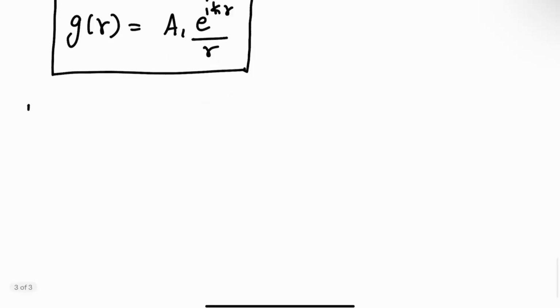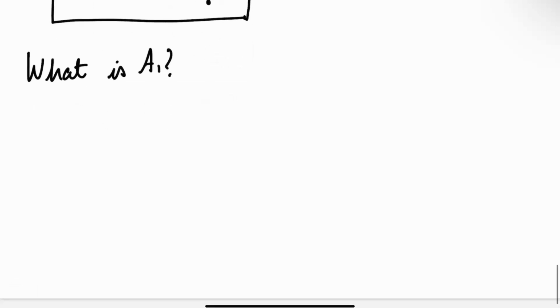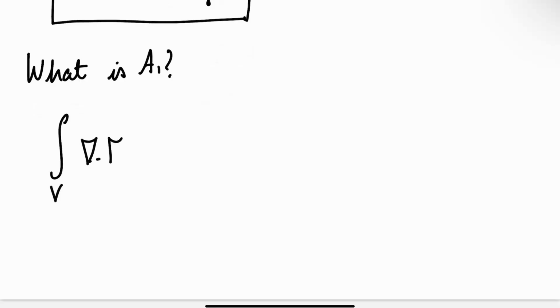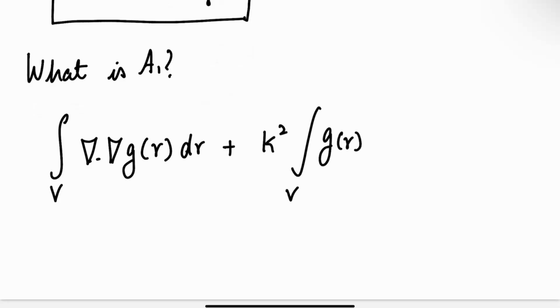Okay, so we want to answer the question, what is A1? So to answer that question, we'll start with the wave equation again and then integrate it over a volume. So the wave equation is the Laplacian of G, which is the divergence of the gradient of G, plus k square, integral over the volume, G of r dV, equal to minus 1 because we're integrating the delta function.